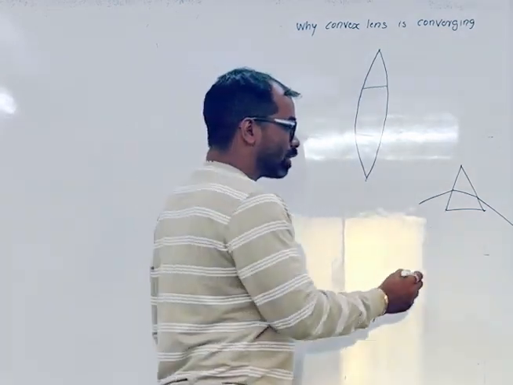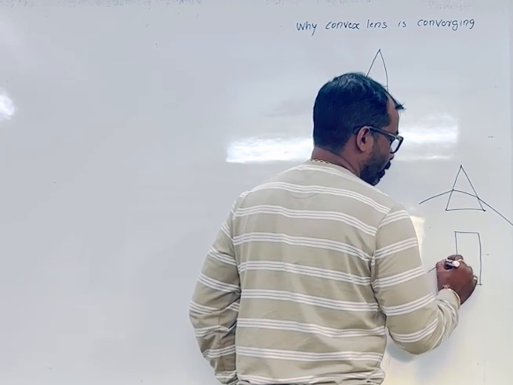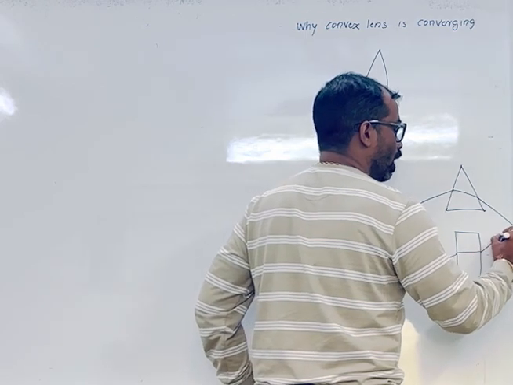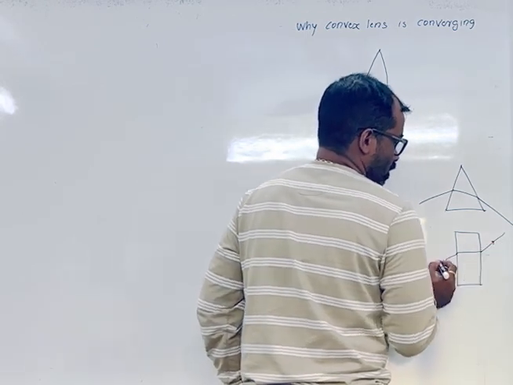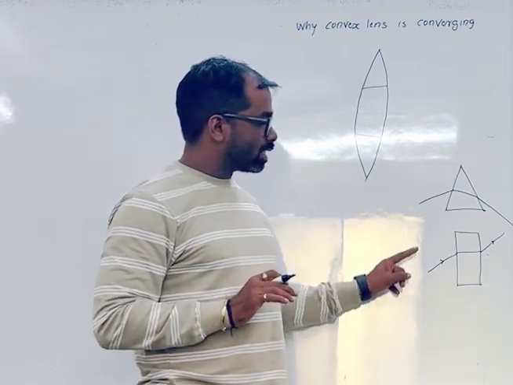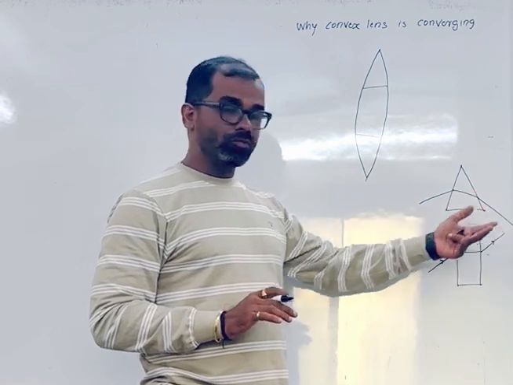Okay, in case of glass slab, you will see when ray of light is entering, it will move toward base, but while going out, it will go away from the base. That's the main difference between prism and glass slab. In glass slab, while entering, it is moving toward base, while going out, it is going away from the base.